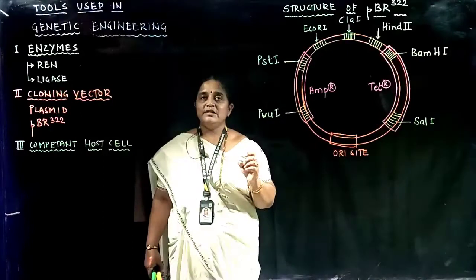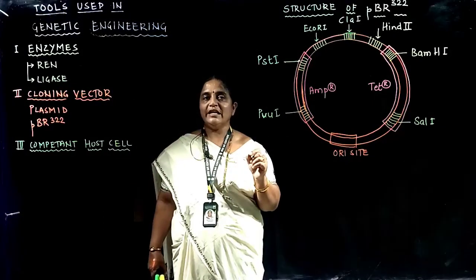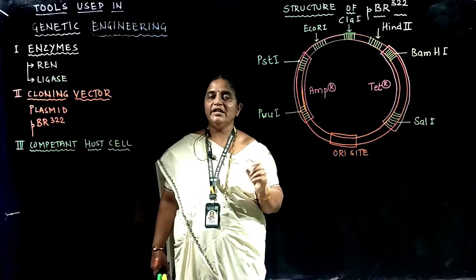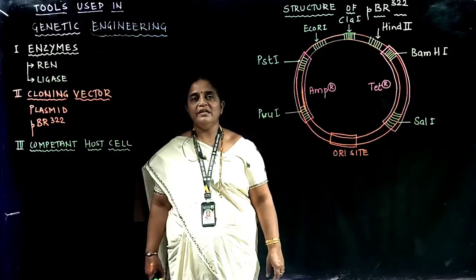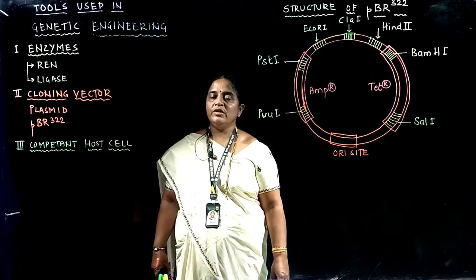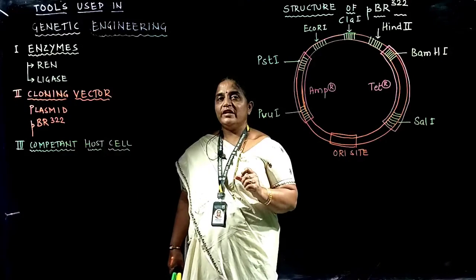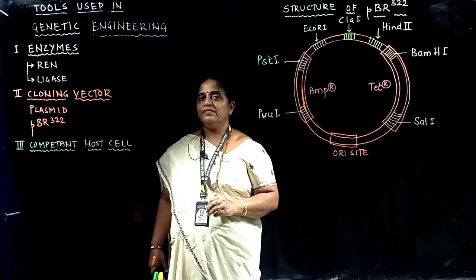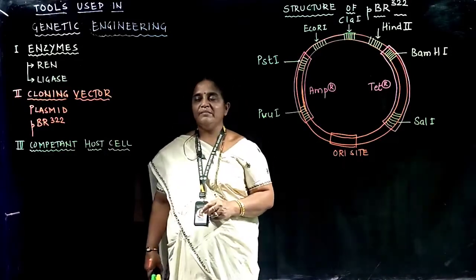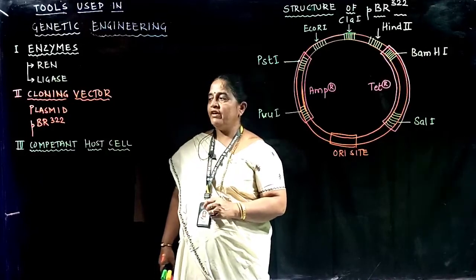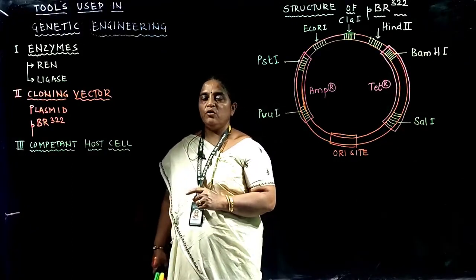A widely used technique is called genetic engineering. It is also known as rDNA technique or gene cloning technique. For this technique, there are three tools used. The first tool is enzyme, the second tool is cloning vector, and the third is competent host cell.